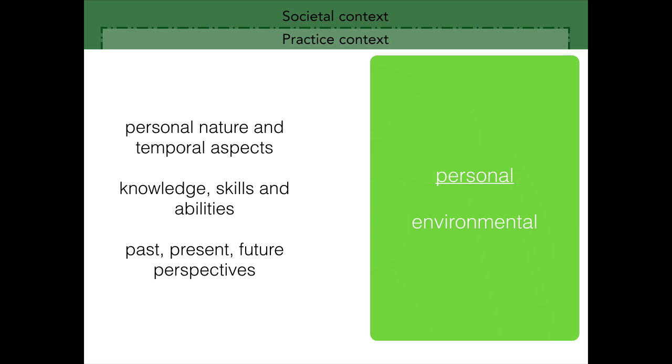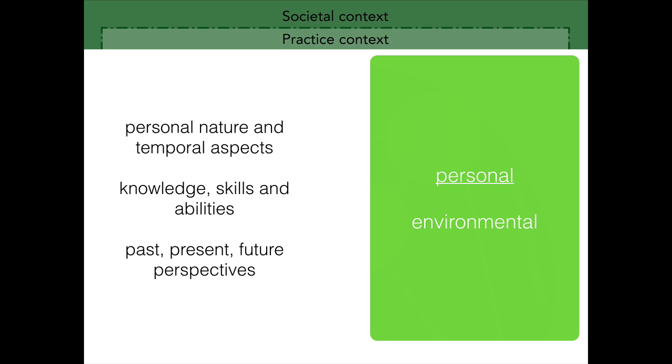So, for example, and again, the book chapter has more detail and we will talk more about this, there are different aspects to the personal context or personal environment. So personal nature and temporal aspects includes the health, age, developmental, gender, race, ethnicity, and emotional state of health of the client and the therapist, and that they can influence the OT process.